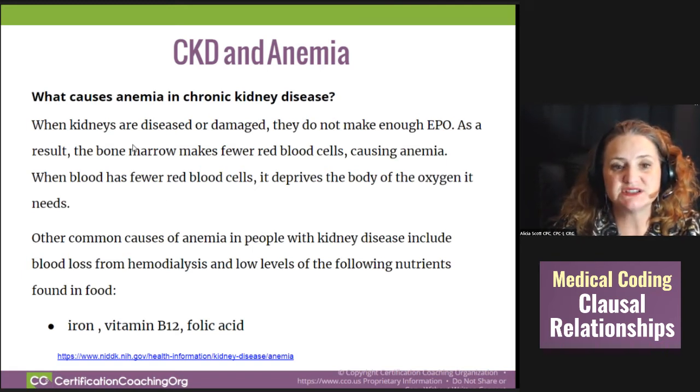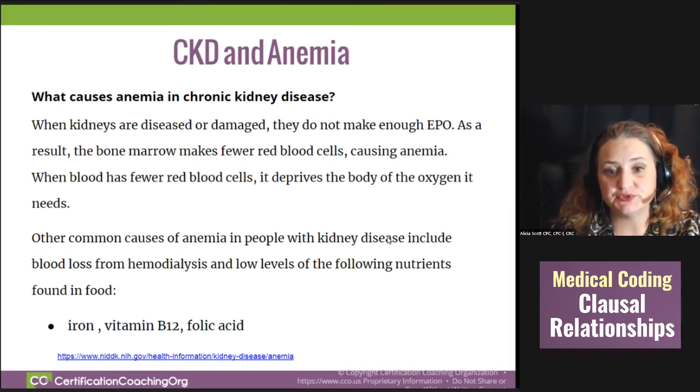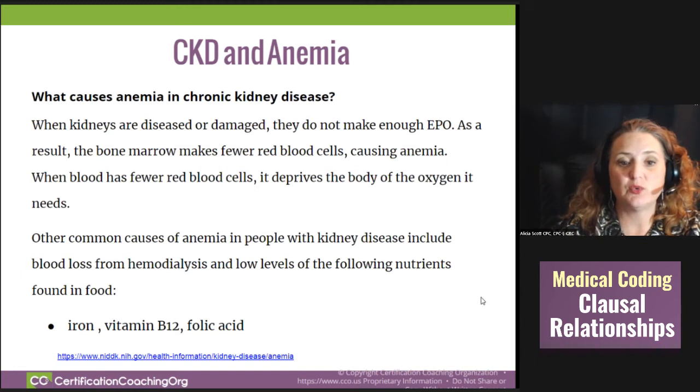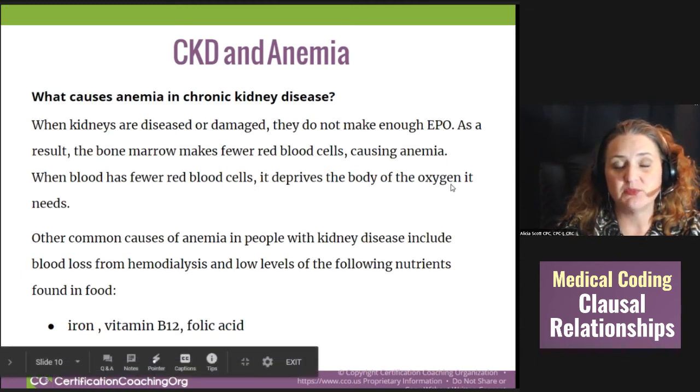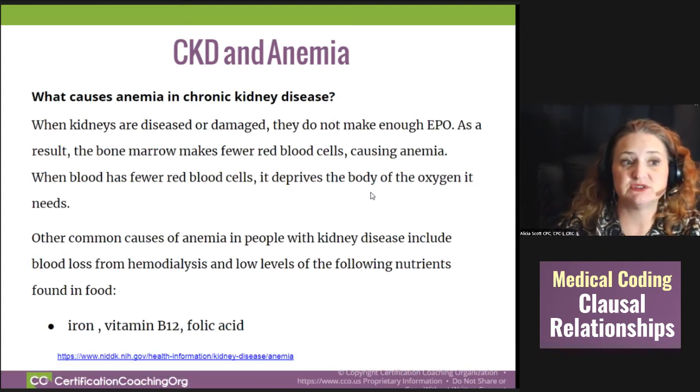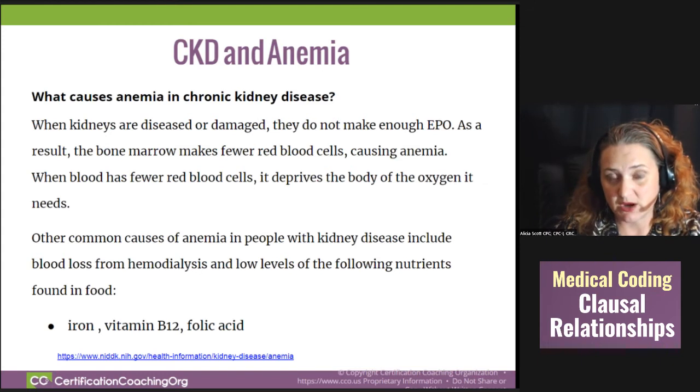So this just goes to say that whenever you have any damage or disease in the kidneys, they can't get enough of this EPO, and the bone marrow will produce fewer red blood cells, thus anemia. Right? So the anemia is something that we need to take care of, because if we don't have the red blood cells, we can't get the oxygen to the organs, and most of all, important to the brain, right? That controls the whole body.